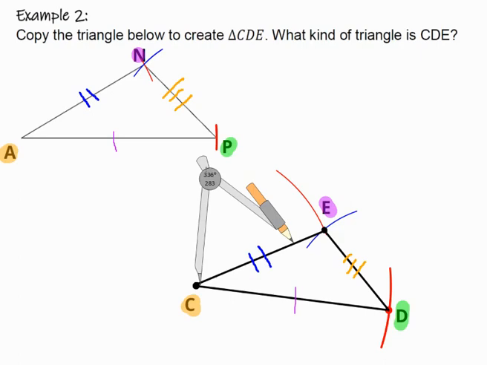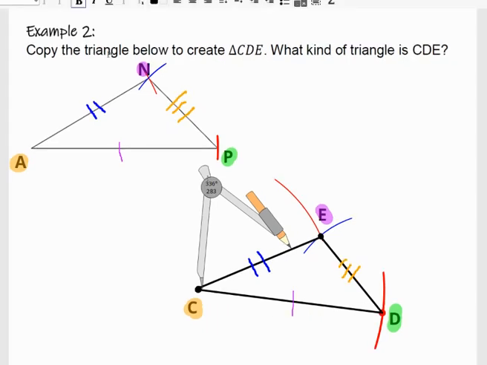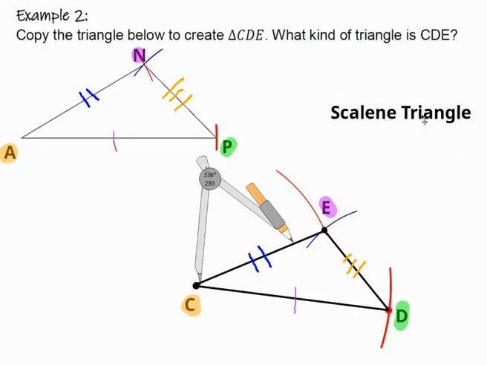I don't feel confident labeling this based on an angle. It does look like an obtuse triangle, but I really wouldn't feel confident saying it's obtuse. So I'm just going to say that this is a scalene triangle. I'm not going to label it based on its angles because I just don't feel confident. E looks obtuse, but I would really need more information to feel super confident about it. So I'm just going to call it a scalene.